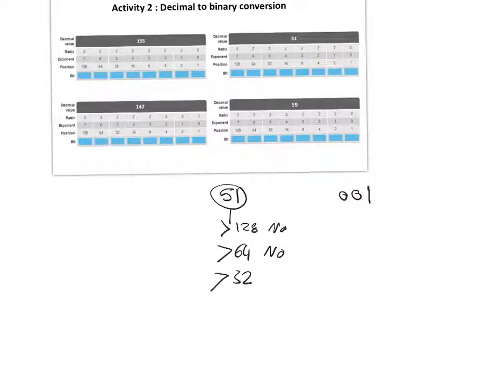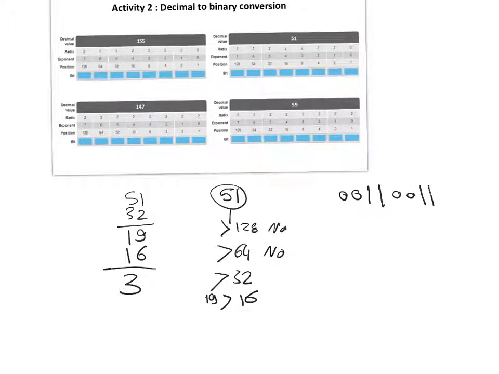Yes, 1. 32 معناها we subtract 51 minus 32, it's 19, صح? This one, 19, أكبر من 16? Yes, put 1. We put 16 here, so it's 3. So it's 0, 0, 1, 1.